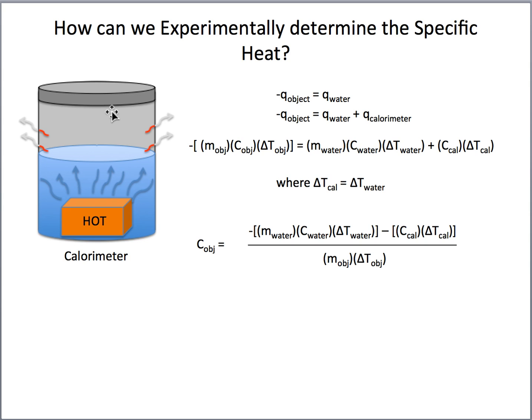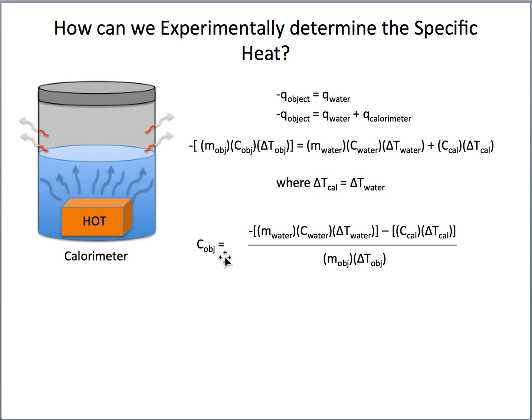The temperature of that system will slowly increase until it reaches an equilibrium temperature, and at that time, the calorimeter, the water, and the hot object are all at the same temperature. When you do that, the water and the calorimeter end up at the same temperature, they start at the same temperature, therefore their change in temperature will be the same. Okay, so we take our expression here, we can rearrange that to solve for specific heat of our object.